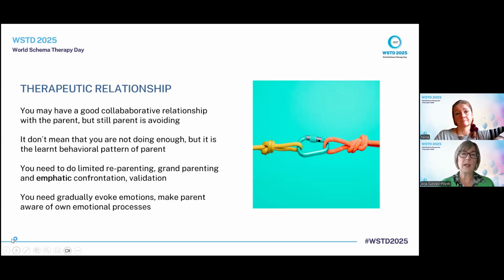But of course, as Niina said, limited reparenting, grandparenting, empathic confrontation and validation are very important in therapy. And with parents, you need to gradually evoke emotions and make the parent aware of his or her own emotional processes.